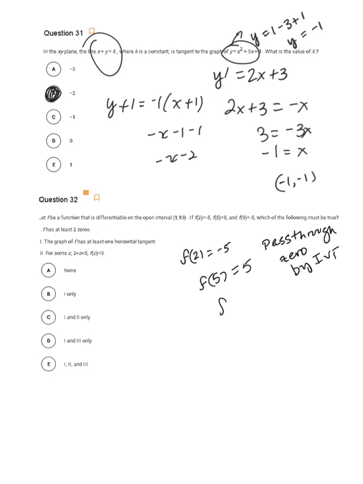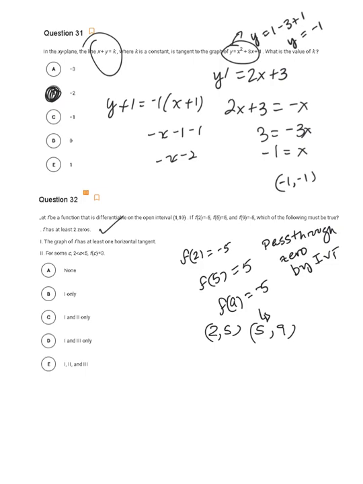Then it has to pass through 0 again sometime on the interval from 5 to 9, because now we go to -5. So there's a 0 between 2 and 5, and there's a 0 between 5 and 9, by IVT. So we can guarantee that. Check. Next, the graph of f has at least one horizontal tangent.